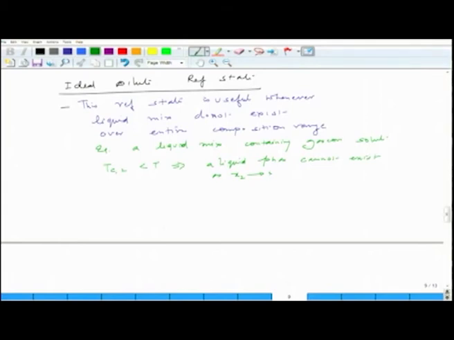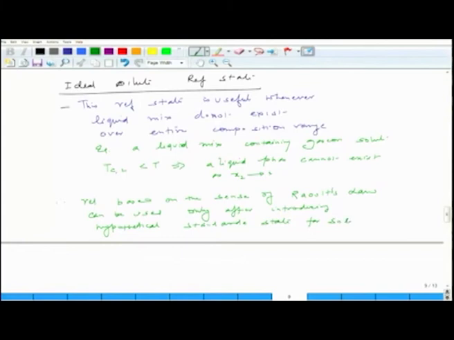Okay, so therefore, the relation based on the sense of Raoult's law can be used only after introducing a hypothetical reference state or standard state for solute 2. Okay.